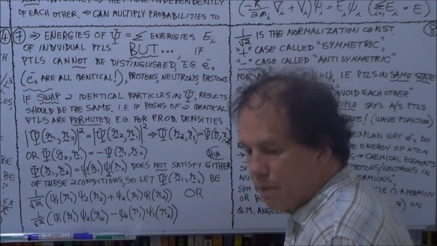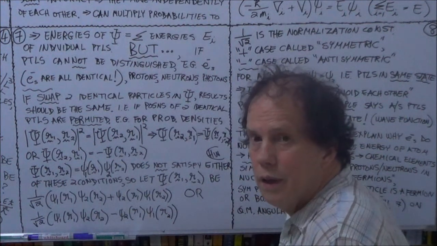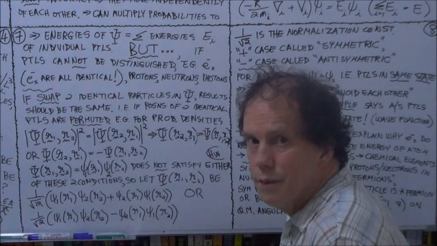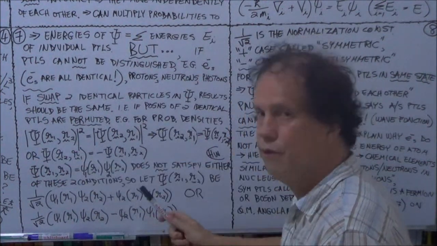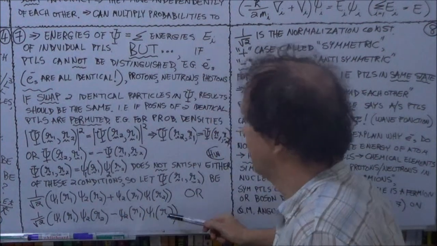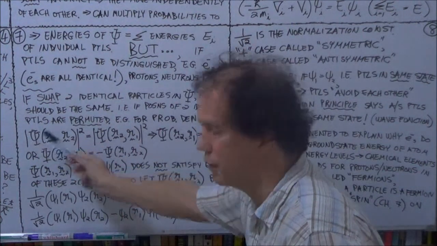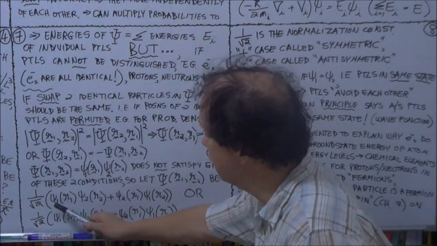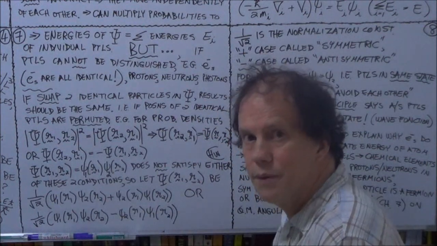So if you have a two-particle quantum system, the two-particle wave function here will have the following form. It'll either be symmetric or anti-symmetric, and you create this multi-particle wave function from the individual wave functions of individual particles.